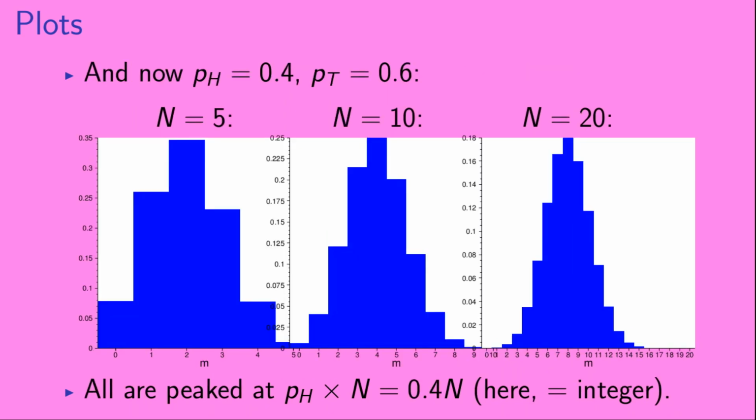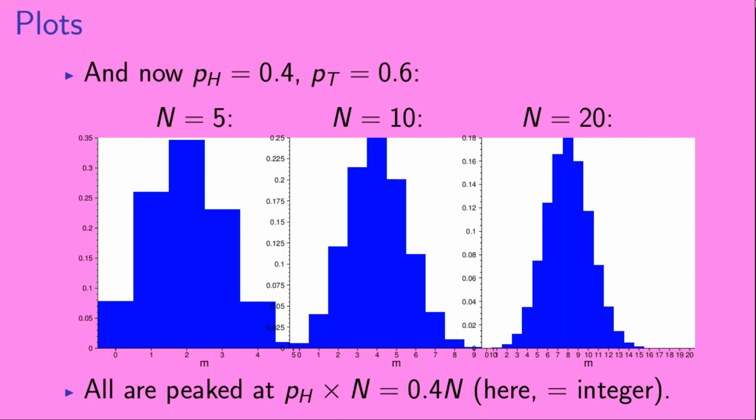And now let's look at the case where pH is equal to 0.4 and pT is equal to 0.6. Here we've plotted the binomial distribution for n equals 5, n equals 10, and n equals 20. In all cases, you can again see that the distributions are peaked at pH times n, which in this case is equal to 0.4 times n.